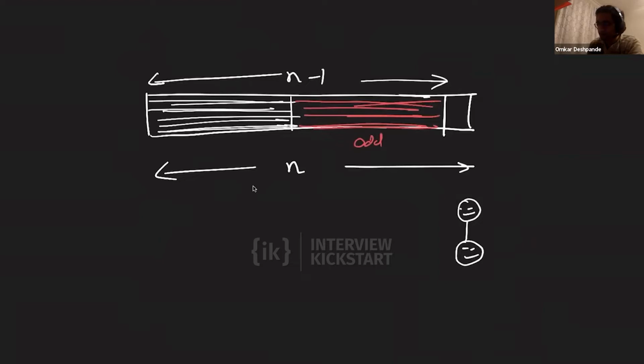So let's say my subordinate comes back and tells me that this is already solved for the array of size n minus 1. The question is, what can I do as the lazy manager to extend the solution to a solution of size n?